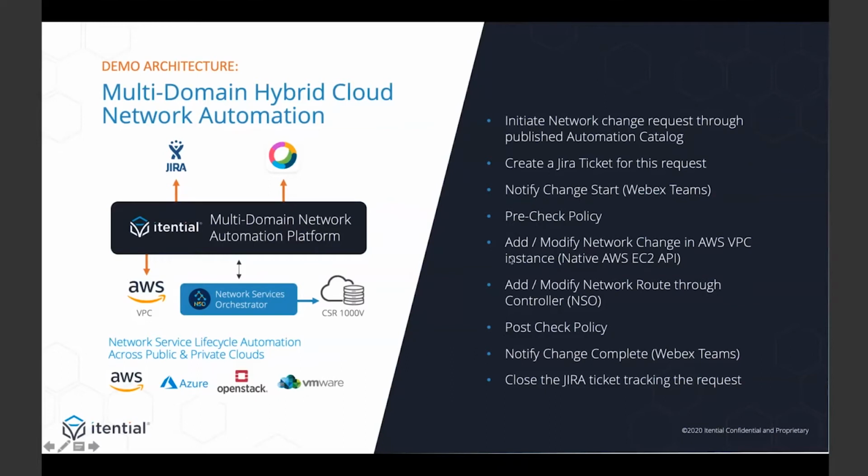It should be straightforward, consuming APIs that every modern system supports today, and should be relatively quickly onboarded and realized in your automation journey. So we're showing the native AWS VPC approach to the public cloud integration and making network changes in there.